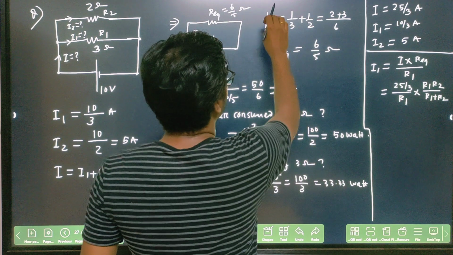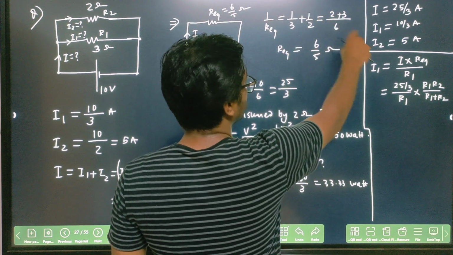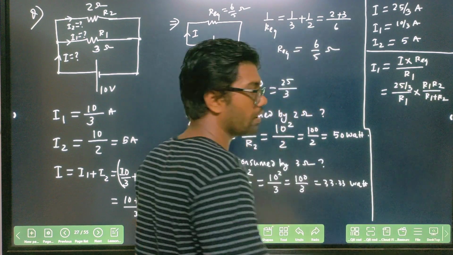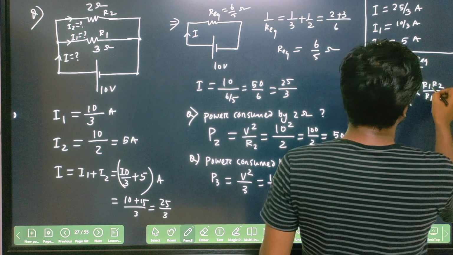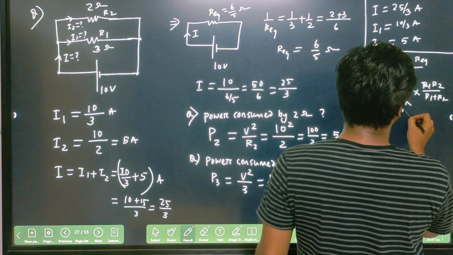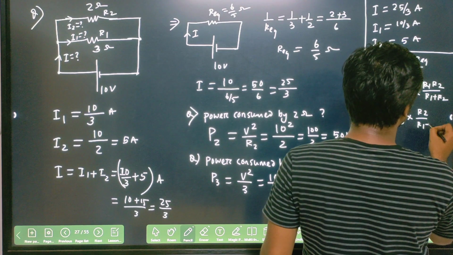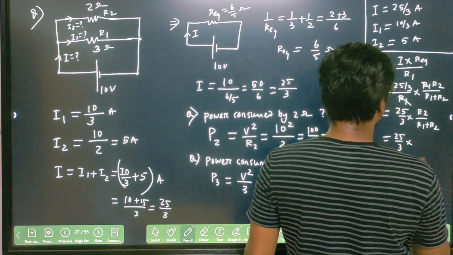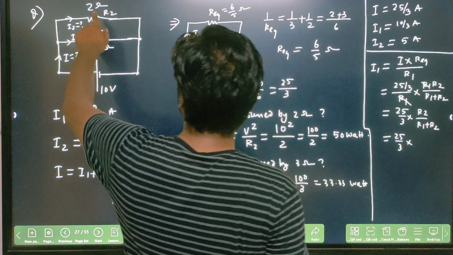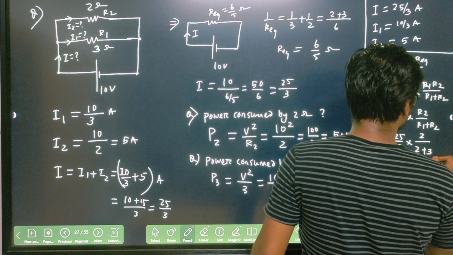R equivalent equal to 1 by R1 plus 1 by R2, this thing you just calculate, it will be R1 R2 divided by R1 plus R2. Clear? So R1 gets cancelled out, this will be 25 by 3 into R2 divided by R1 plus R2. So this will be 25 by 3 into R2 value, which is 2 ohm, divided by 2 plus 3, R1 plus R2.